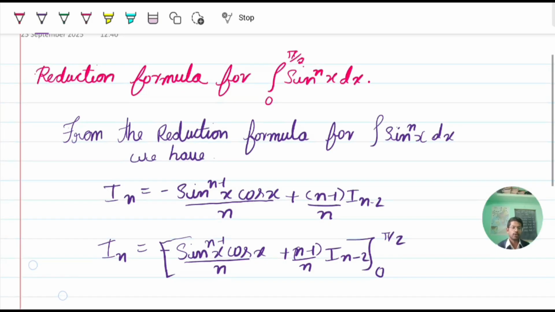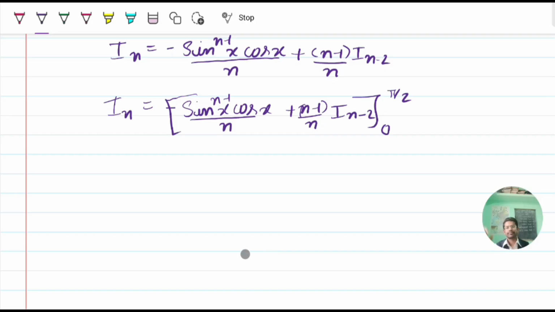Now I_n equals, here we have to apply these limits to the x term, the variable x. In the second term there is no x.